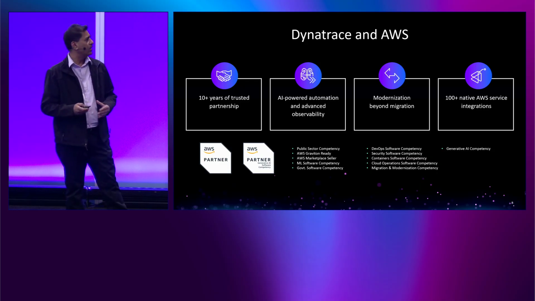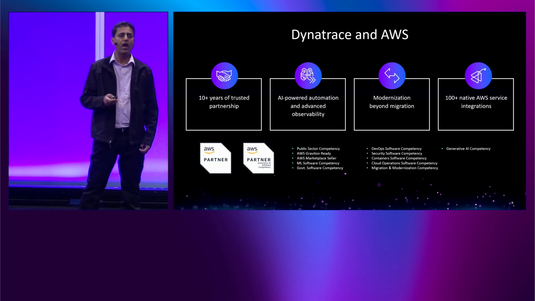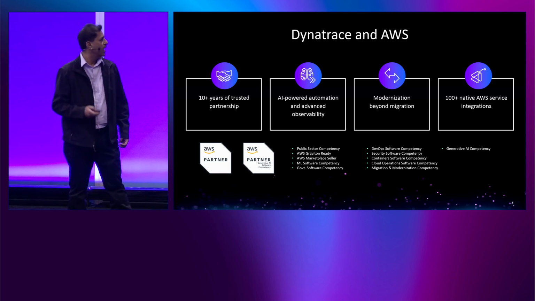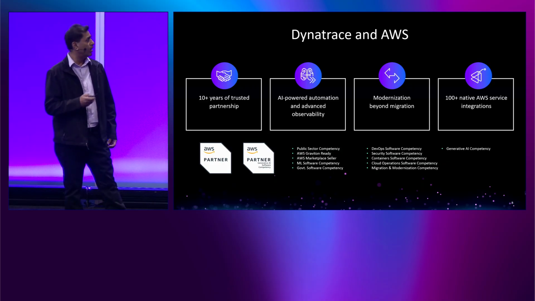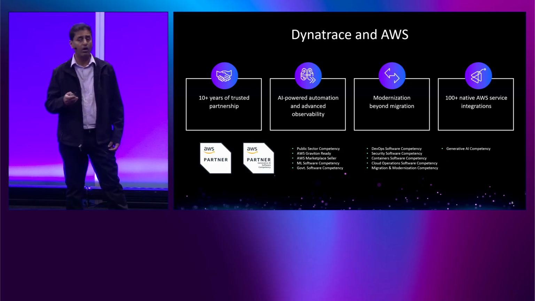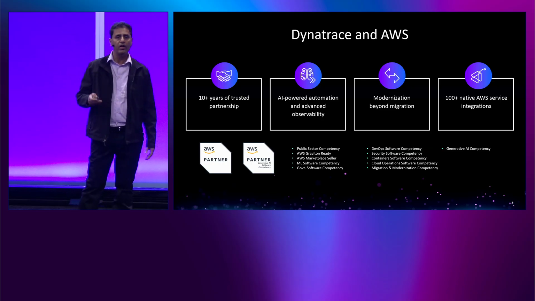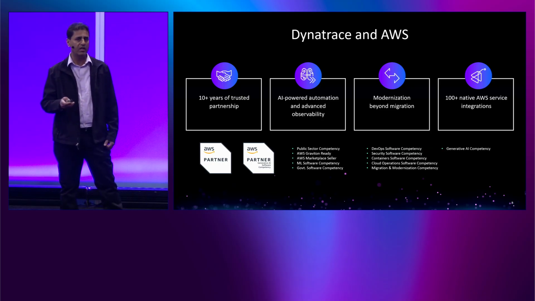Today, the key differentiator between Dynatrace and AWS is AI-powered automation and advanced observability. We are going to do a small demo after this presentation, but I just want to highlight that we already have 100-plus native AWS services, and these active integrations are in production today.